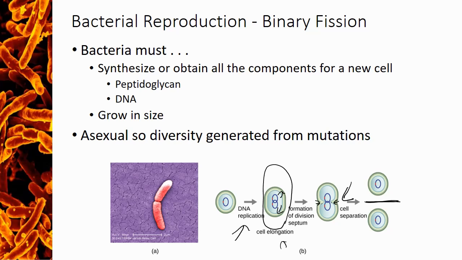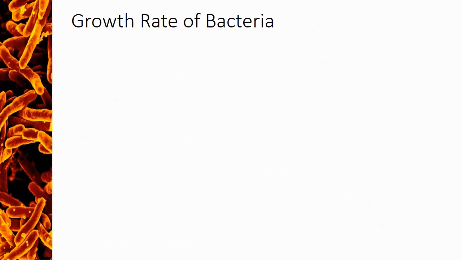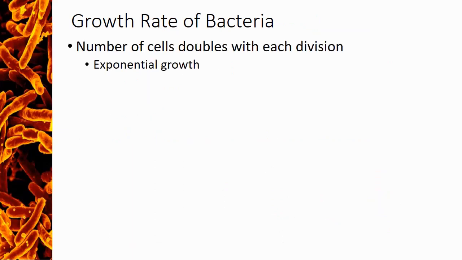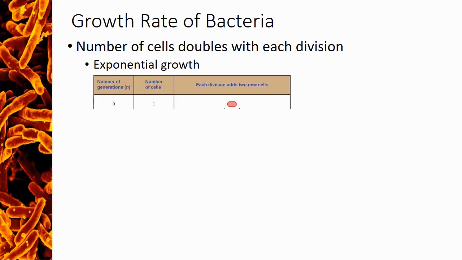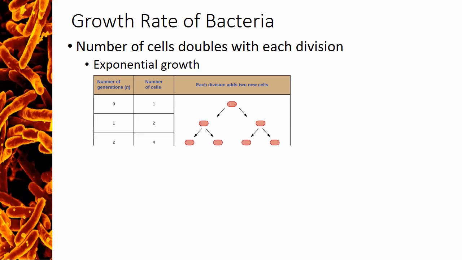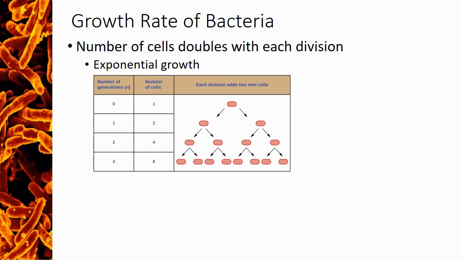Instead, a lot of the bacterial genetic diversity in a population comes from mutations that happen in the DNA during the replication process. When bacteria are grown in a laboratory under optimum conditions, they undergo what is called exponential growth. This means that their numbers double with each round of binary fission. In other words, one cell will become two cells. Those two cells then become four cells, which all replicate and become 8 cells, and so on and so forth.